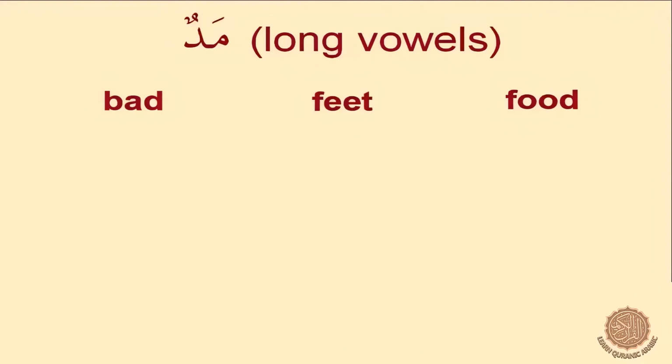Now, if I transliterate this into Arabic, I get the following. So we have bad, feet, and food. In the first example, bad, it's the A sound that's being elongated. And that's denoted by this fatha here, which has the A sound, followed by the alif.